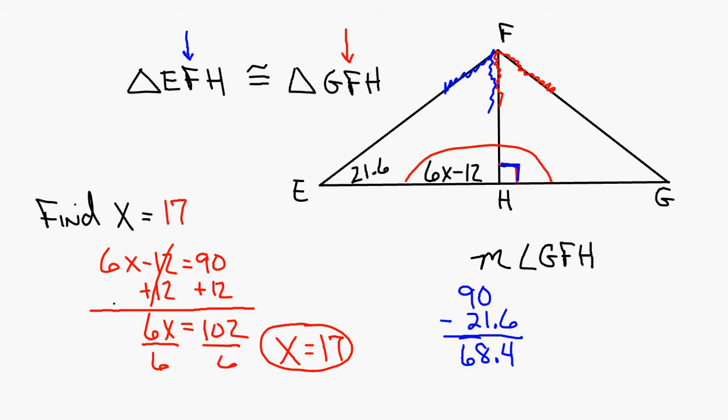If the blue angle is 68.4 and it's congruent to the red angle, then what's the red angle equal to? Very good, 68.4. Anybody confused?